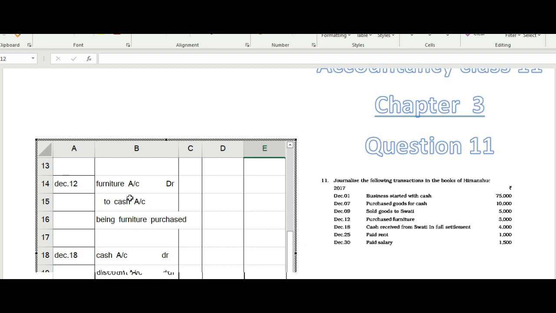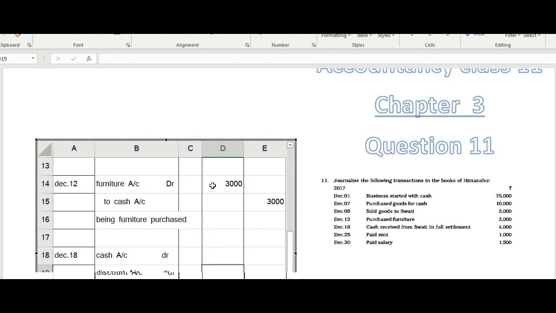That's why I plot the transaction: furniture account DR to cash account. Then the amount is 3,000 on the debit side, and 3,000 on the credit side. Narration is: being furniture purchased.